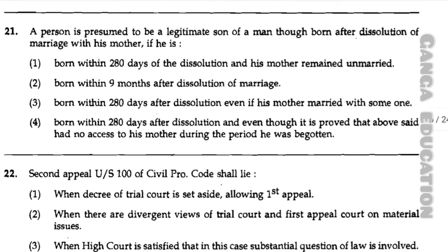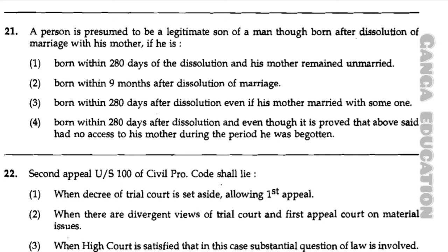Now question number 21. A person is presumed to be legitimate son of a man, though born after dissolution of marriage with his mother, if he is option number 1, born within 280 days of the dissolution and his mother remained unmarried. Option number 2, born within 9 months after dissolution of marriage.